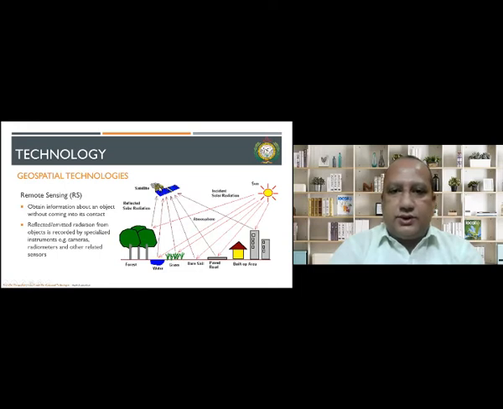Like here I have shown a satellite, and these radiations are being recorded on the satellite, and then the satellite sends those data, that information, in the form of images or signals back to us or to the centers where we can process this data. Okay, so this is the first component.